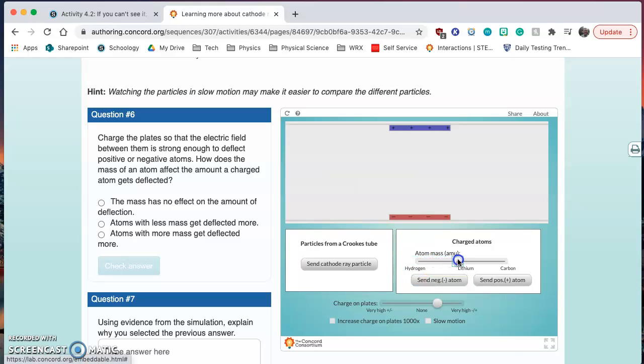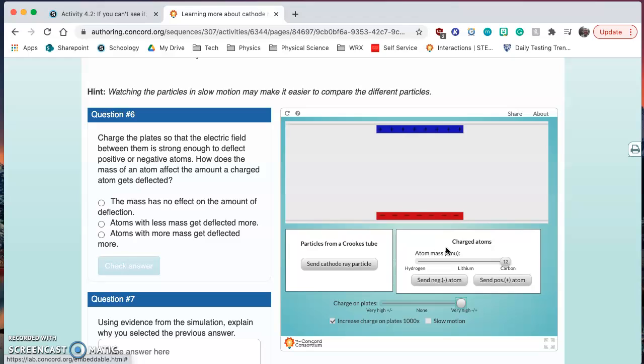On the right-hand side, I can choose hydrogen or lithium or carbon. You can send a positive atom or a negative atom. This is where this increased magnification is going to come in handy, because it's going to provoke more of a reaction. Again, we have a slider on the bottom here to change the magnitude of the charges on the plates.